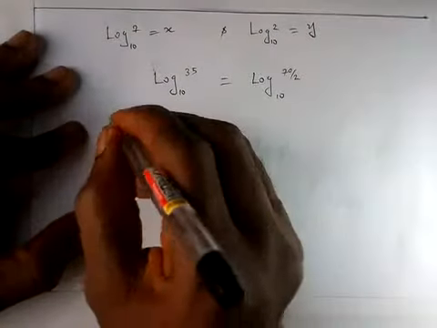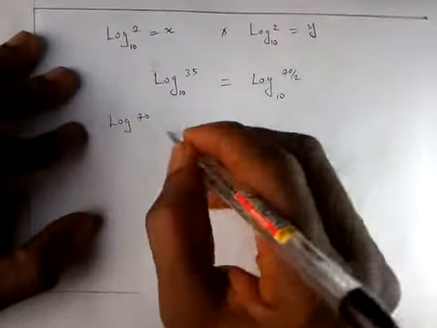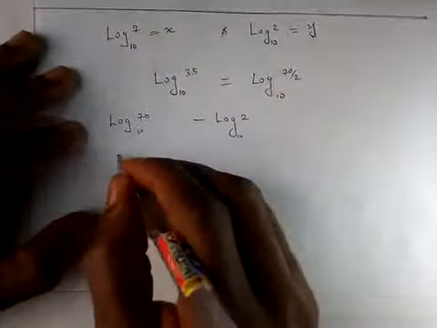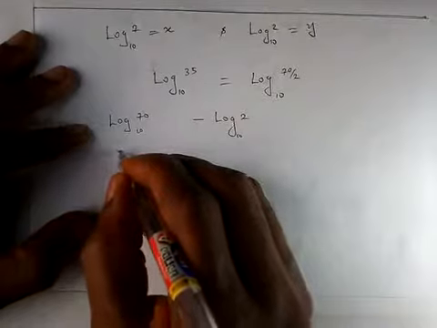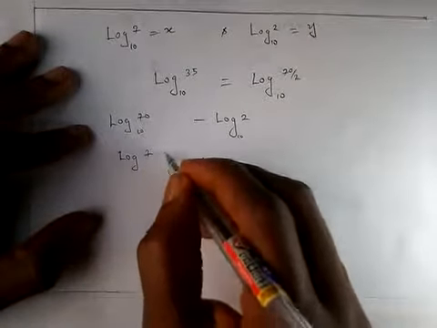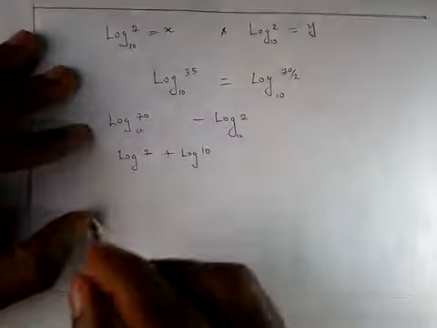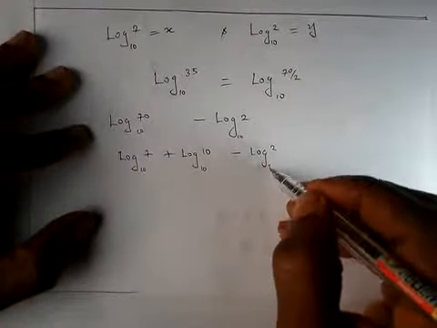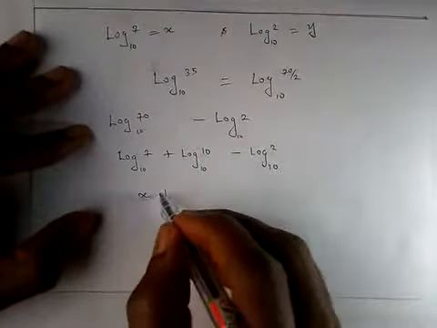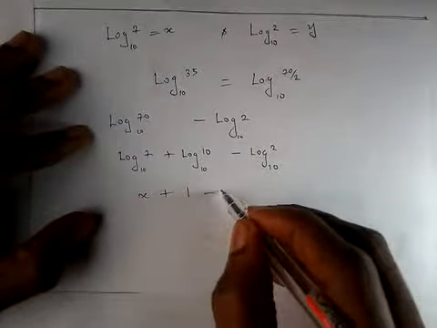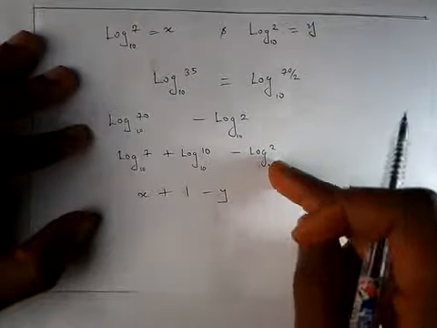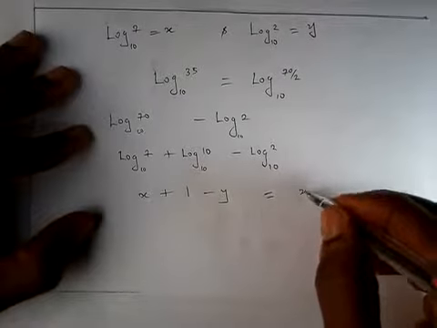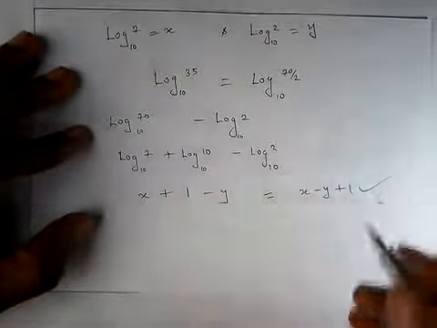That's log 70 minus log 2, all to base 10. Of course, 70 is 7 times 10, so that gives you log 7 plus log 10, all to base 10, minus log 2 to base 10. This is x, log 10 to base 10 is 1, and this is y. So that is x minus y plus 1.